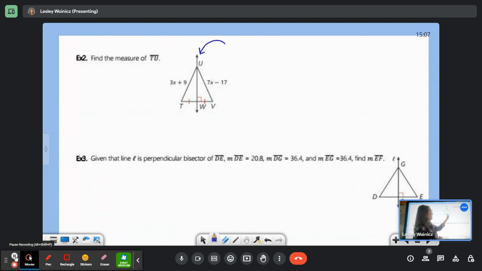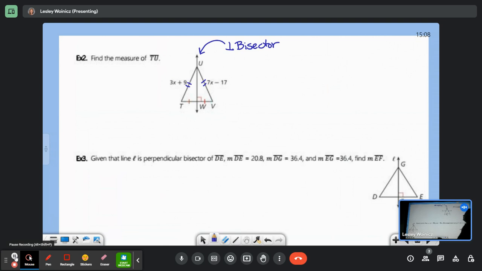Look at the angle. Does it make a right angle? Is it chopping a segment in half? It's a perpendicular bisector. So now that we know that, we can say that not only are these two segments congruent, we can say that these two are. Everybody see how we got there?